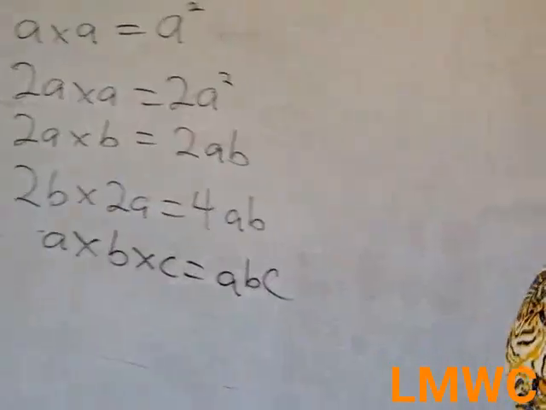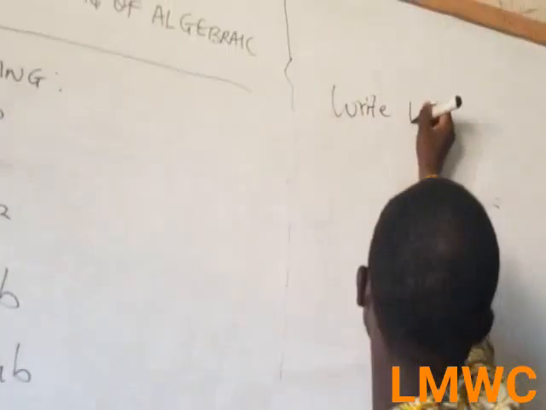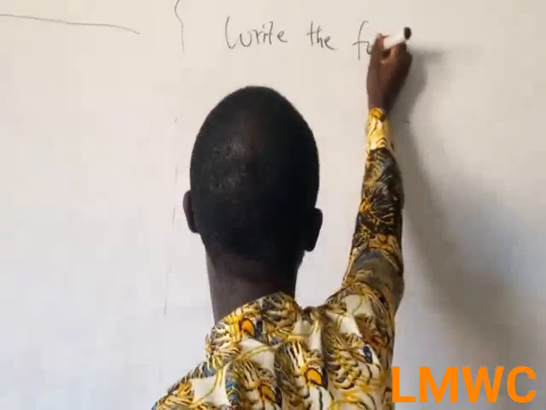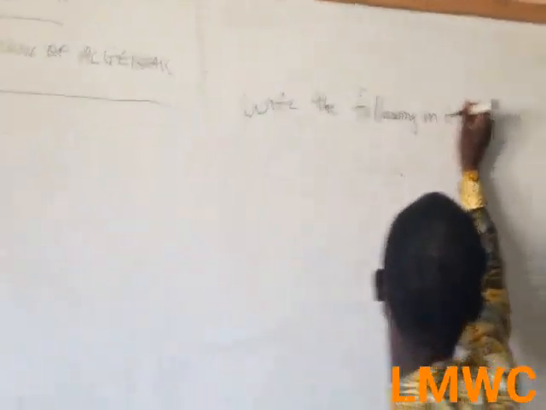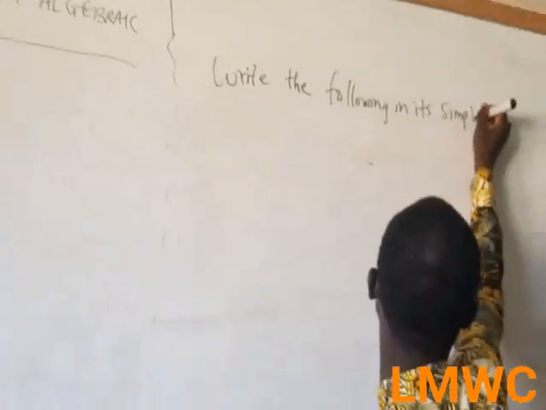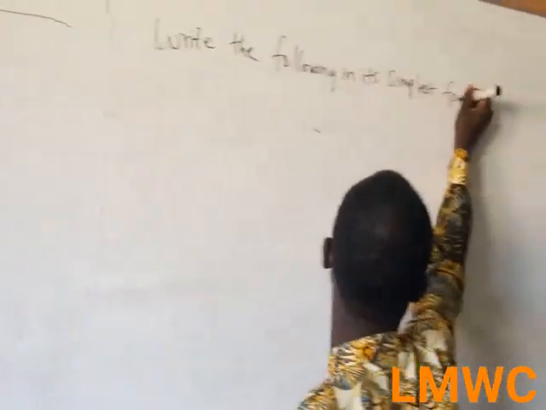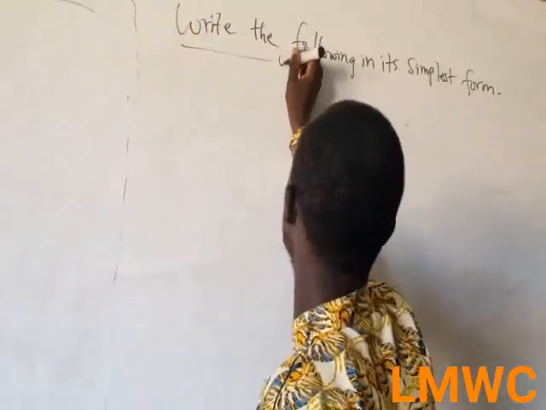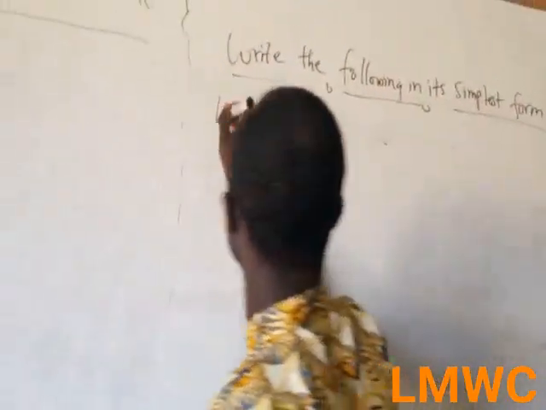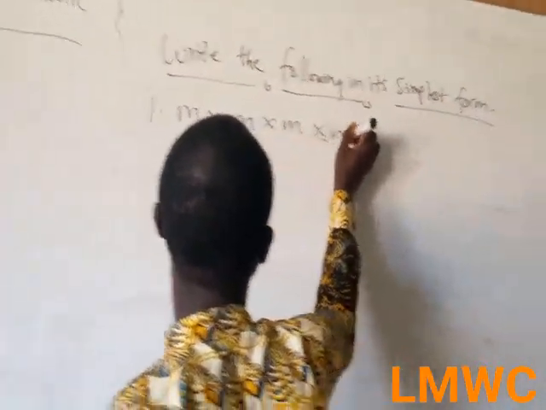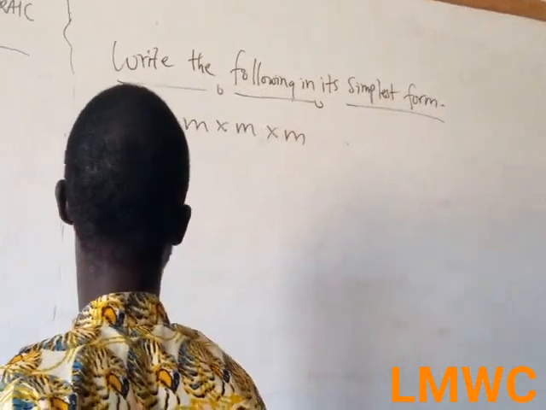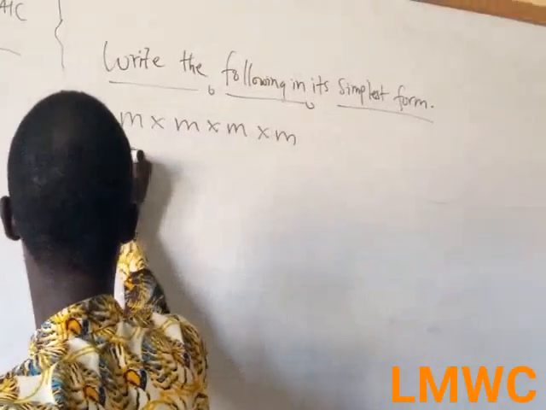So I can give you the following to write in their simplest form. 1. M times M times M times M. 2.